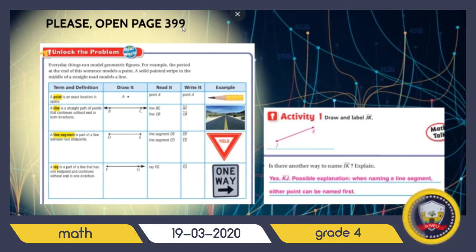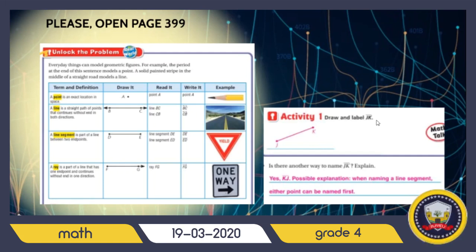Page 399. We already described them. So let's check our activity on page 399. It says draw and label JK. So what is it? Line segment, point, line, ray. Which one is it? There are 2 endpoints, right?